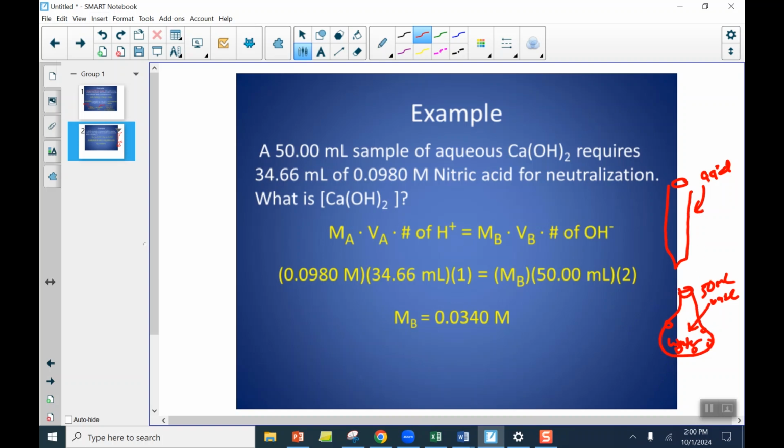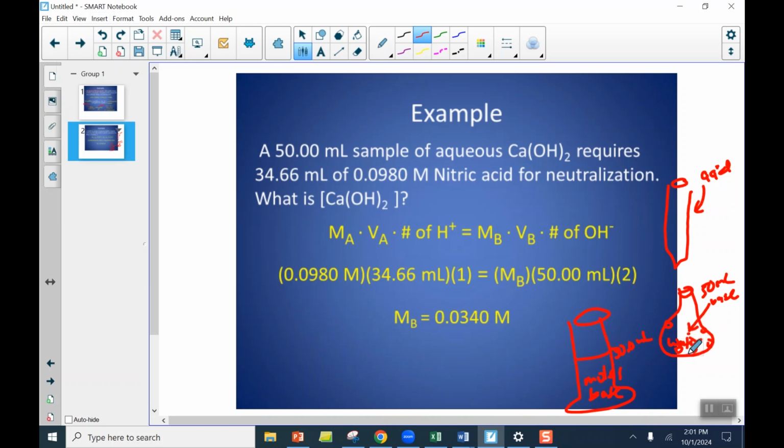Now, if the water droplets were in the flask, it should not impact my molarity at all because I've already transferred all of my moles into the flask, and the water droplets that were there were not impacting my moles transferred. Now, if there were water droplets in the graduated cylinder when I measured out the base before pouring it, that would dilute the molarity, and there'd be less moles of base transferred into the flask.